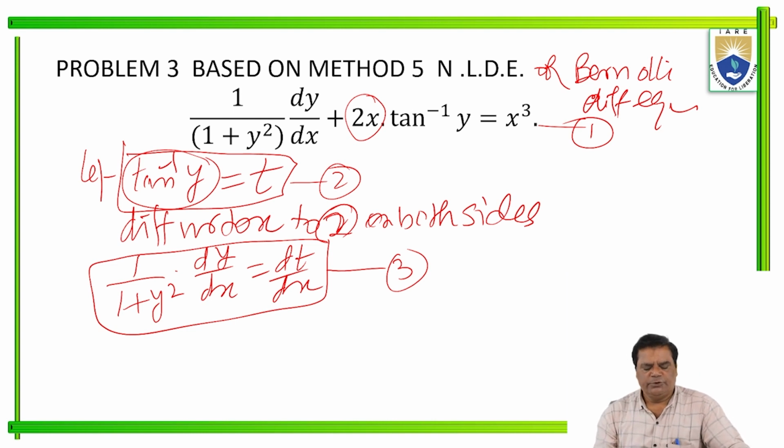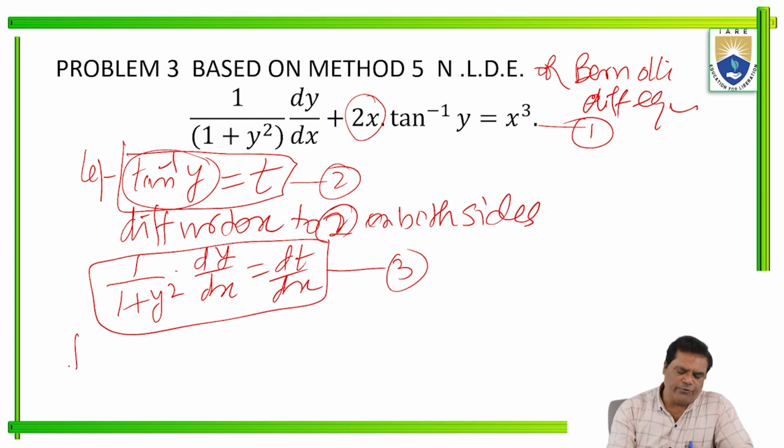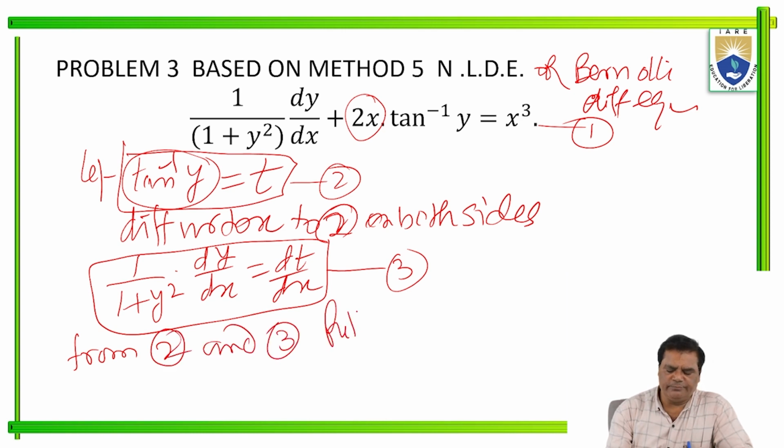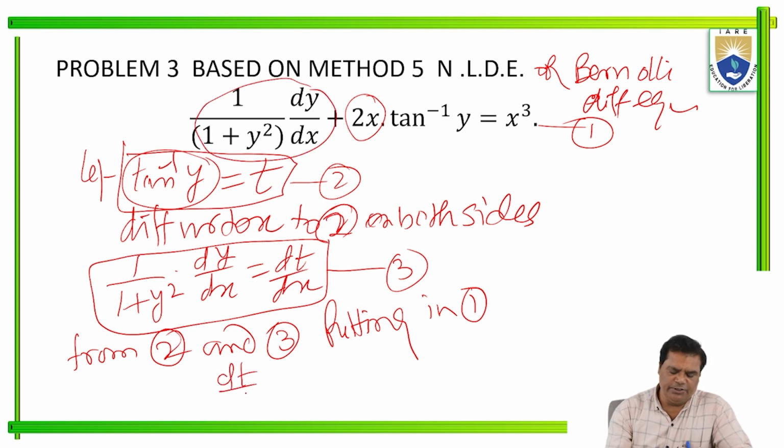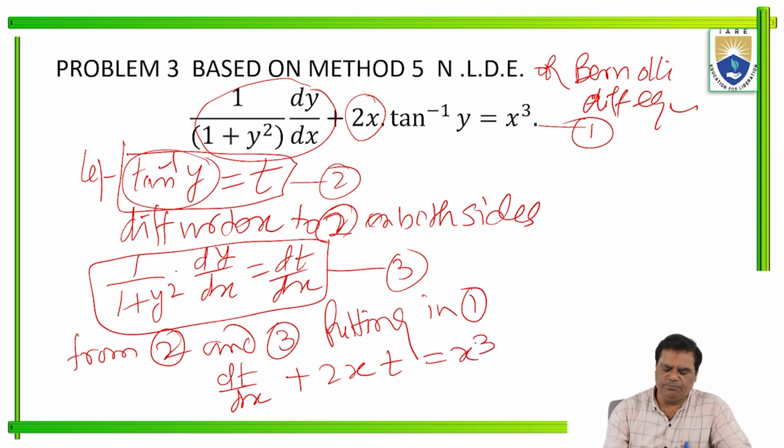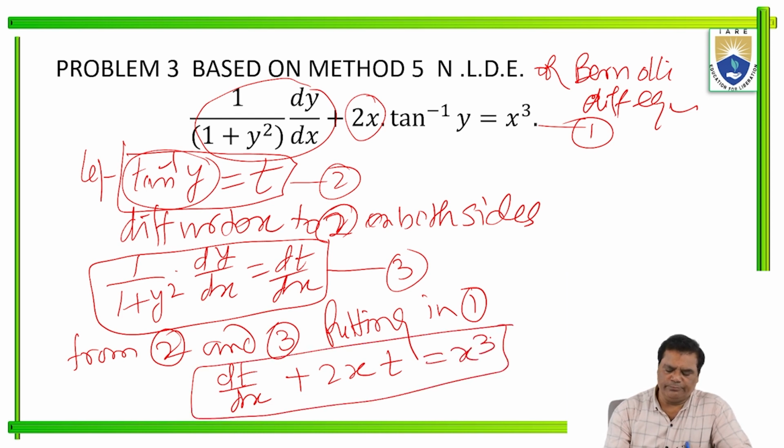Okay, putting 2 and 3 into 1, we get the total result: dt over dx plus 2x tan inverse y, that is t, equal to x cube. This is equation 4.